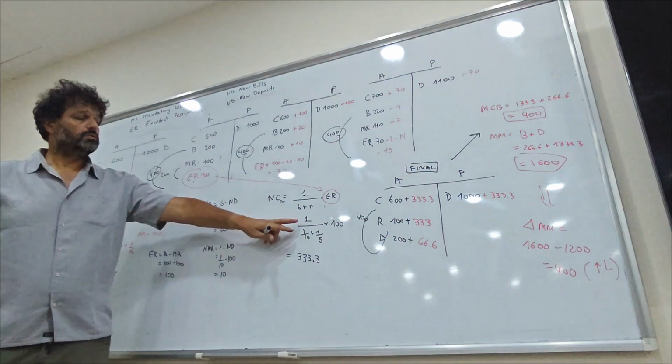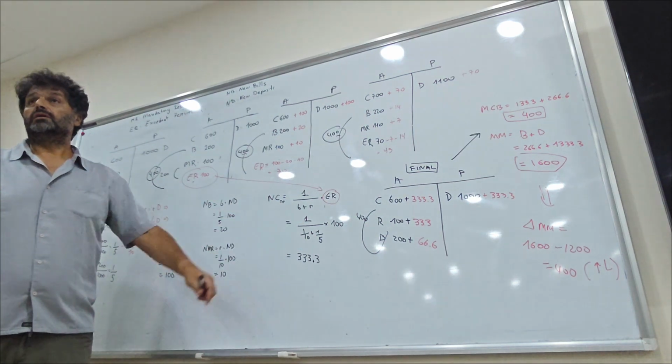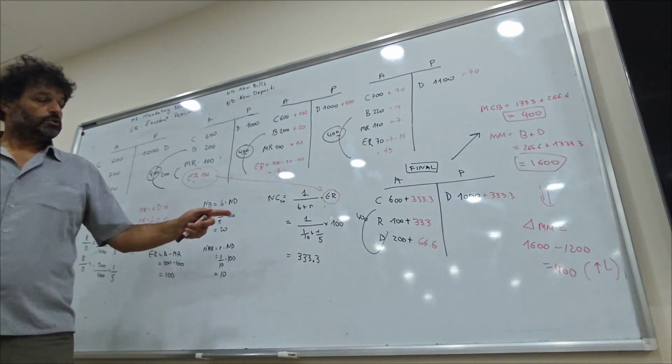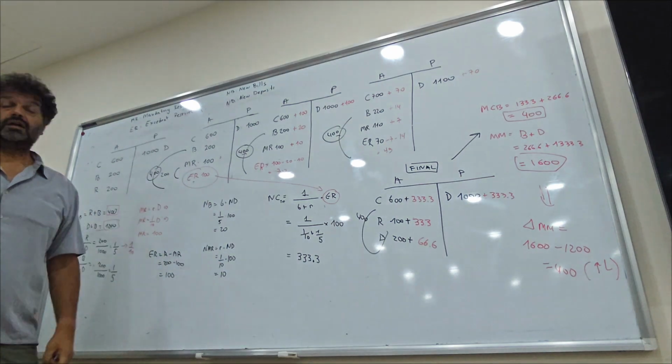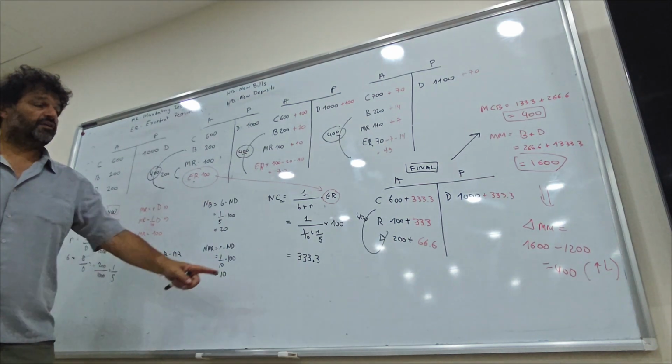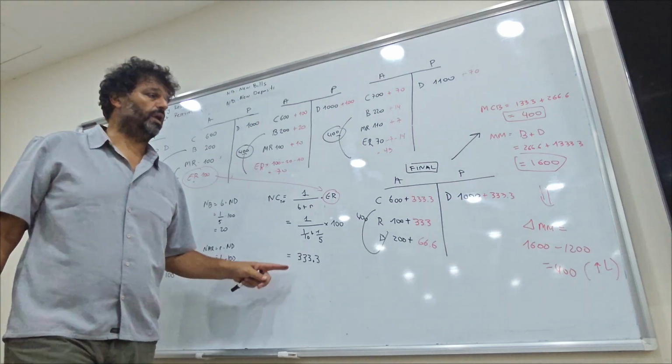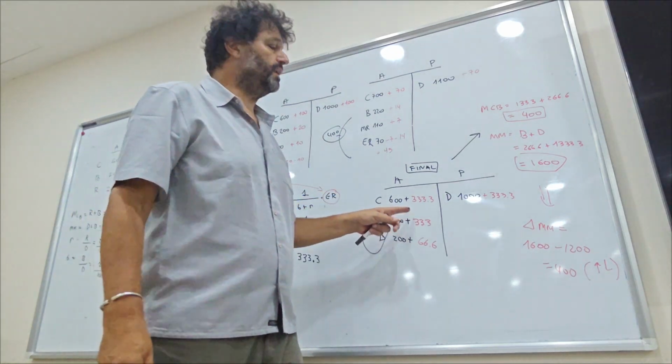So this is equal to 1 over 1/10 plus 1/5, multiplied by 100. And that will give you 333.3. These are the new credits.